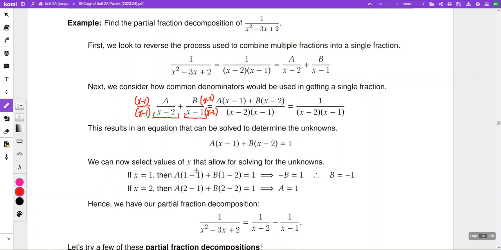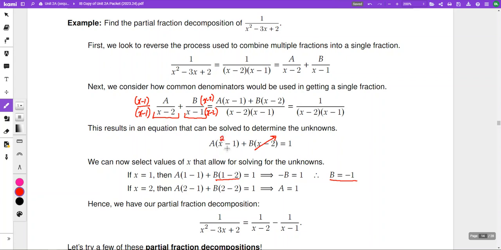And one of the approaches for solving this would be to select values of x to allow solving for the unknowns, right? So if I solve where x is 1, then x minus 1 is going to be 0, and we're going to have that b times 1 minus 2 will be equal to 1, or in other words, negative b is 1, so that would mean that b is negative 1, right? And then similarly, we could select x to be equal to 2, and this term would go to 0.